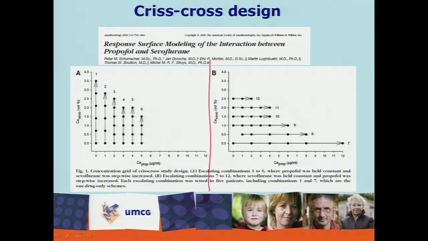In 50% of the patients, we kept the Propofol effect site concentration stable, and then we did a step up of Sevoflurane, and then in the other 50%, we did the other part of the crisscross where the concentration of Sevoflurane was kept stable. We equilibrated everything for more than 15 minutes, and then you do a step up the other way. And then when you combine all these data, you will get a good idea of what you need to build your database.